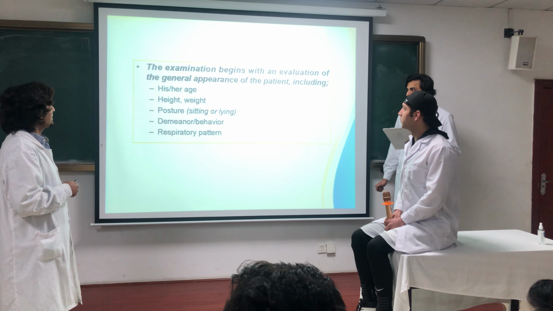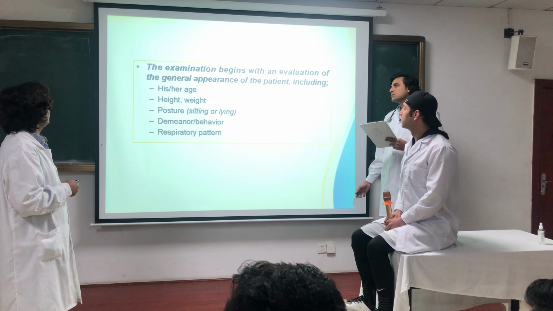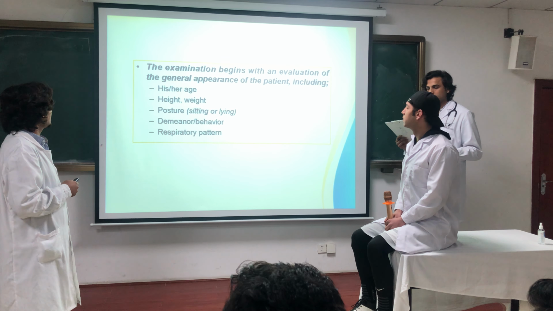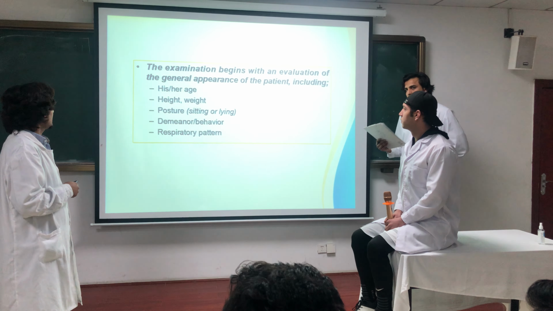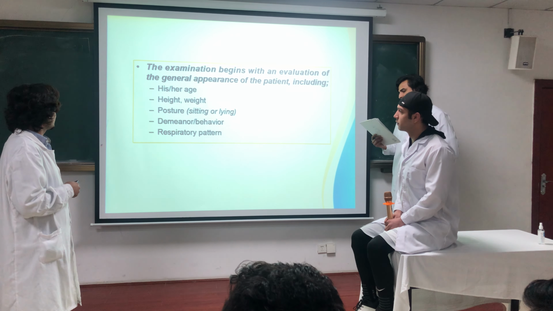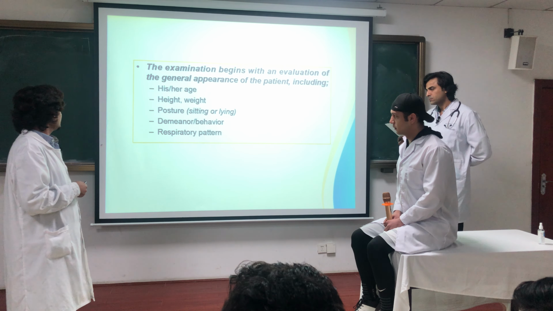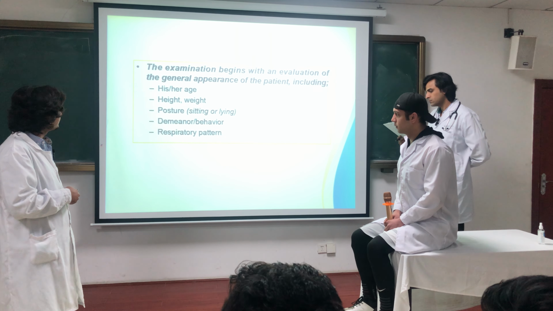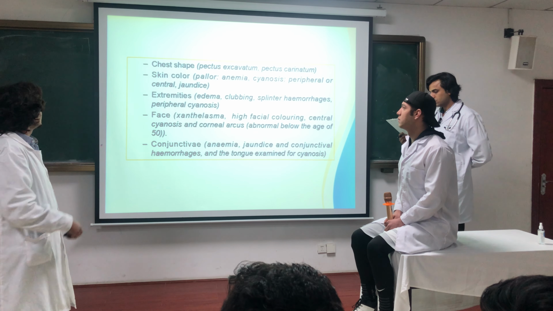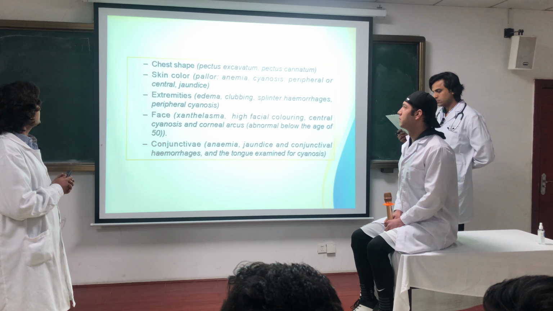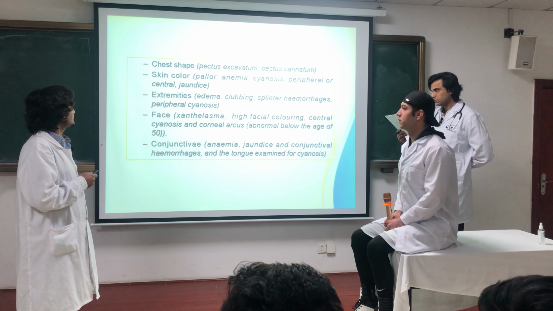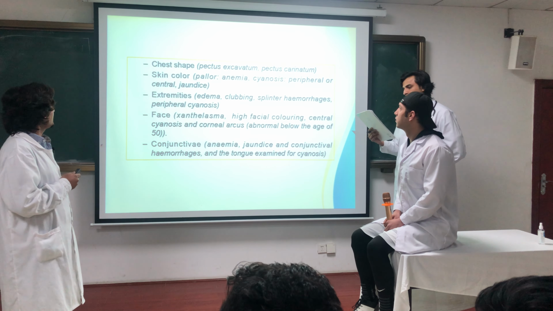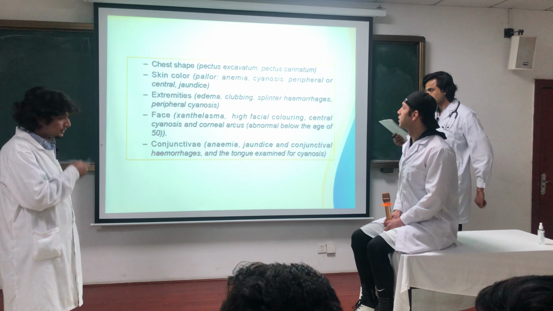The examination begins with evaluation of the general appearance of the patient, including age, height, weight, posture, behavior, and respiratory patterns. Chest shape: pectus excavatum, pectus carinatum. Skin color: pallor, anemia, cyanosis.